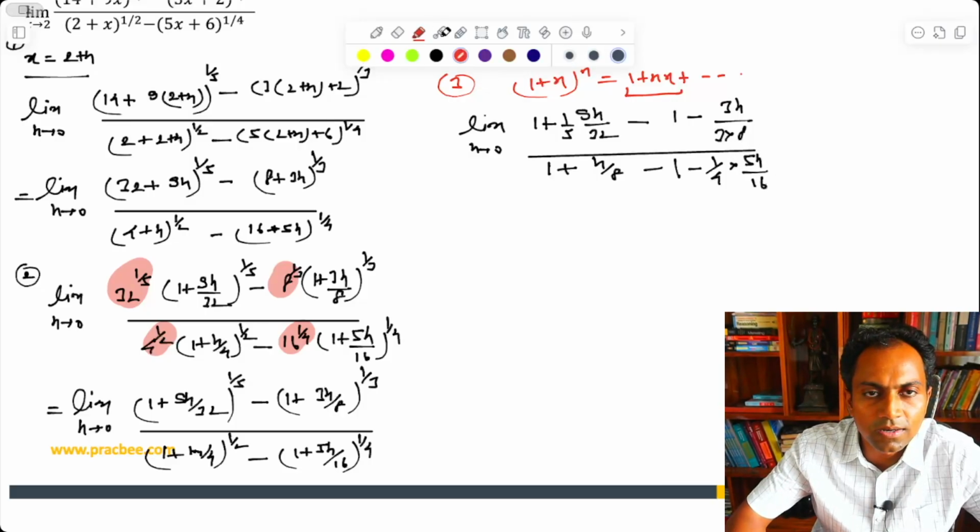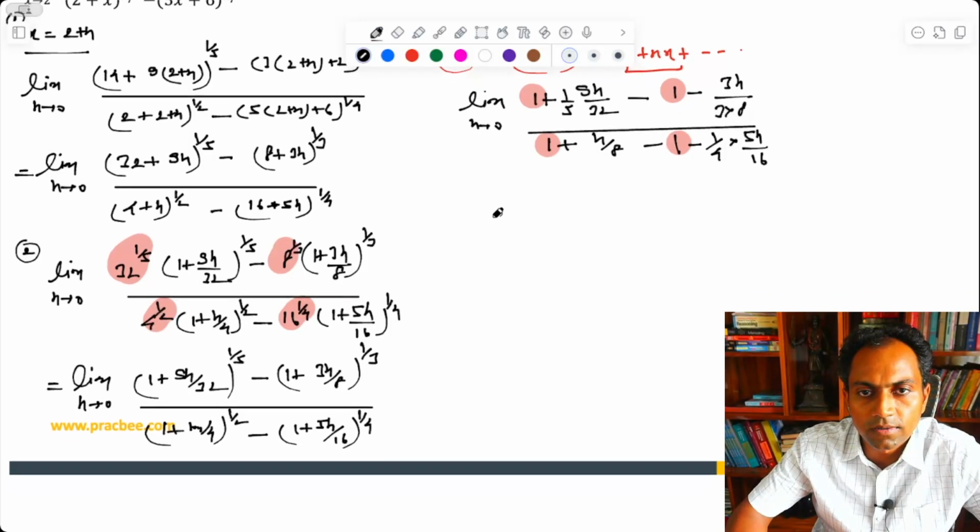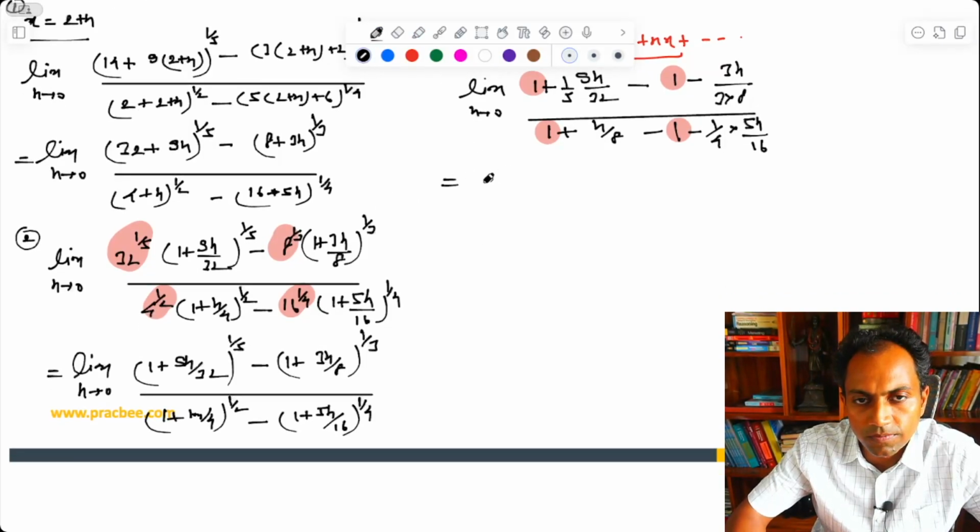You can see that now this 1 will get cancelled out, and as a result what we are left with is 9h by 5 into 32 minus 1 by 8 into h.